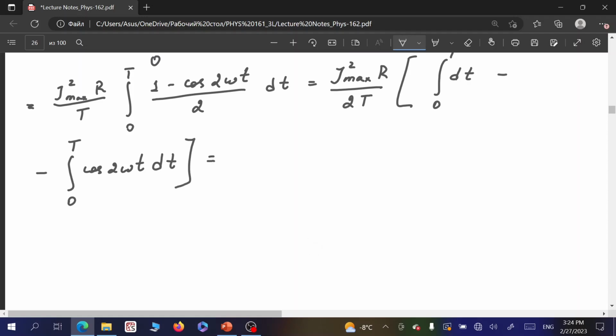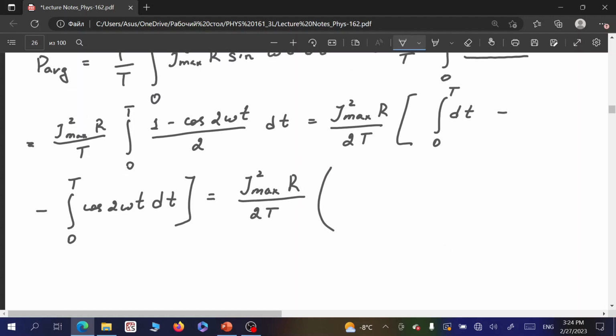So that is equal to I maximum second power times R over 2T. So for this integral we get just T, and for the second integral we get sine 2 omega t over 2 omega from 0 to T.